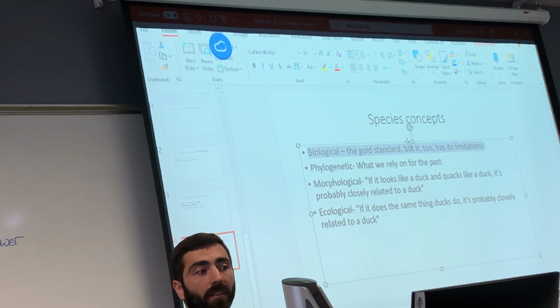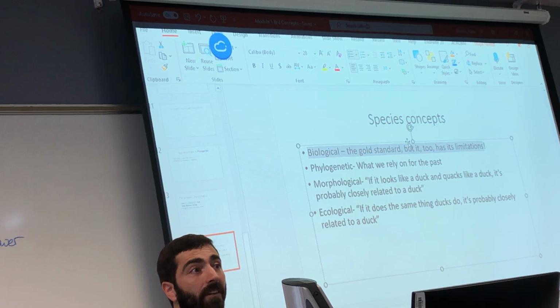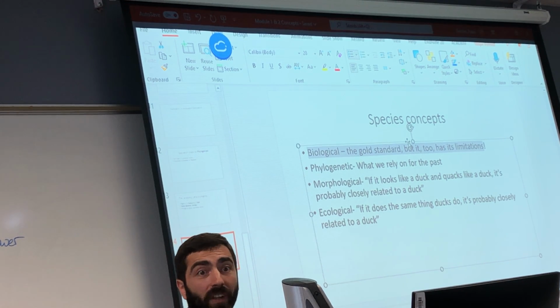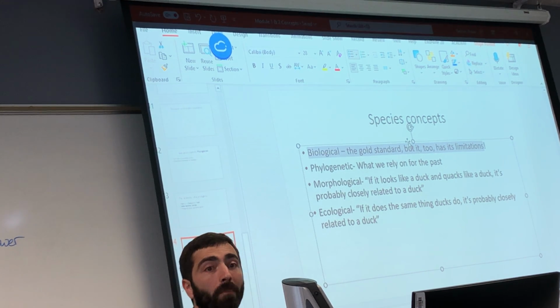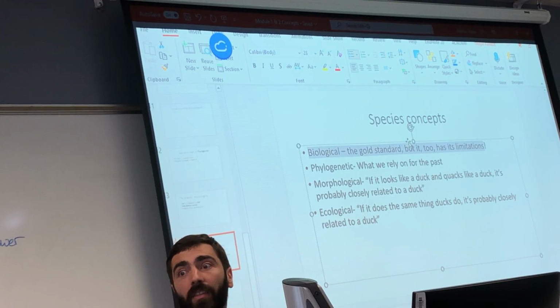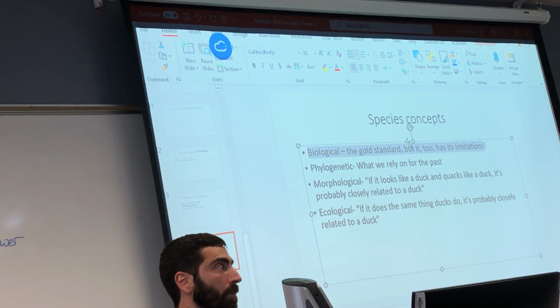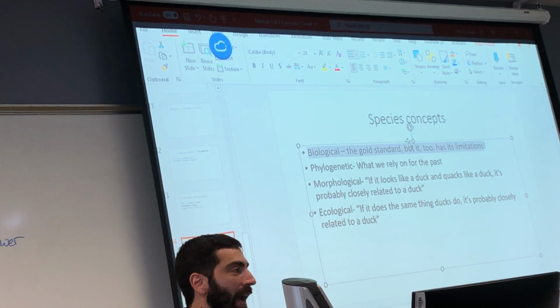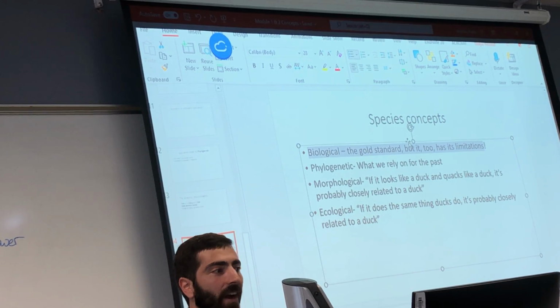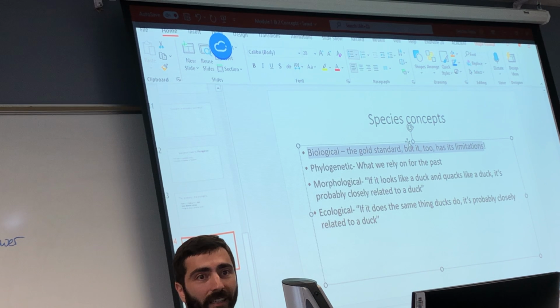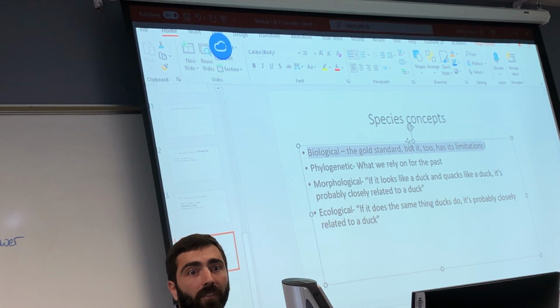And that is, what about bacteria that don't reproduce via sexual reproduction, right? Two individuals may not ever mate in some species of bacteria. They all reproduce by binary fission. So how do we distinguish between one bacterium and the other? By the biological species concept, they are essentially different species because they're never mating with each other. They just bud off of themselves.